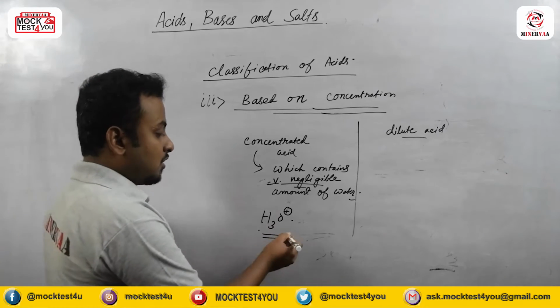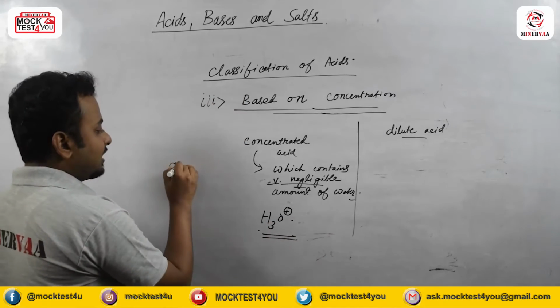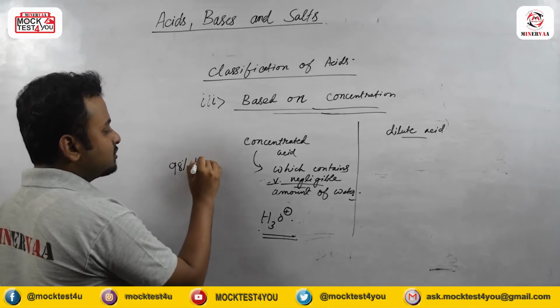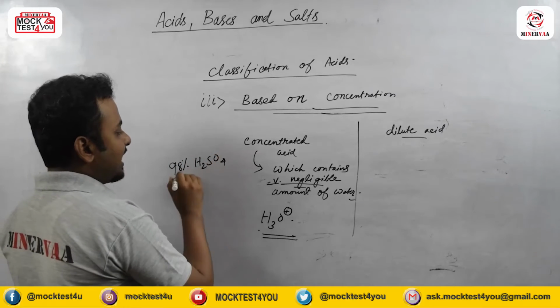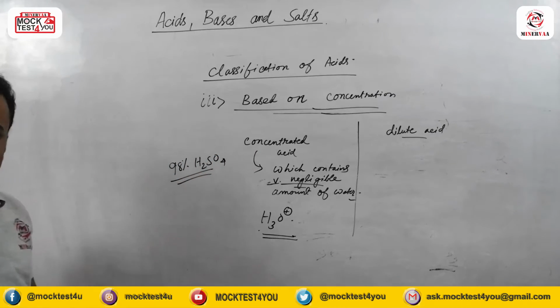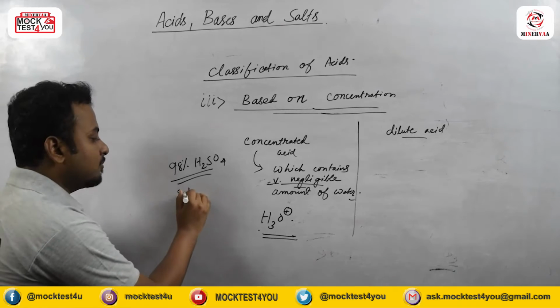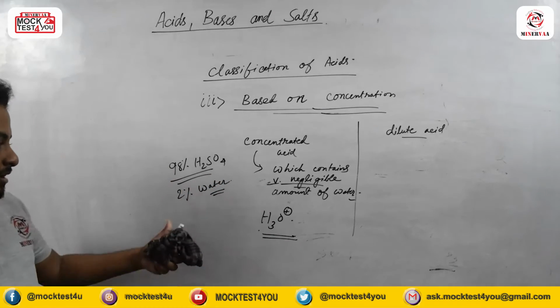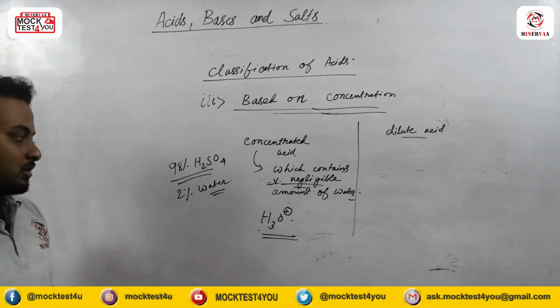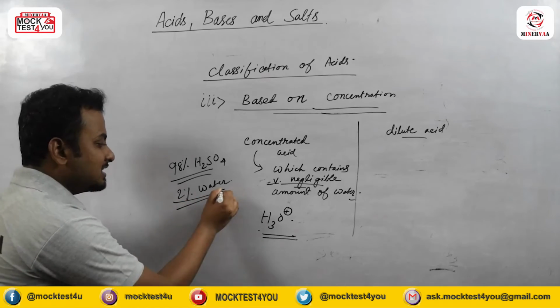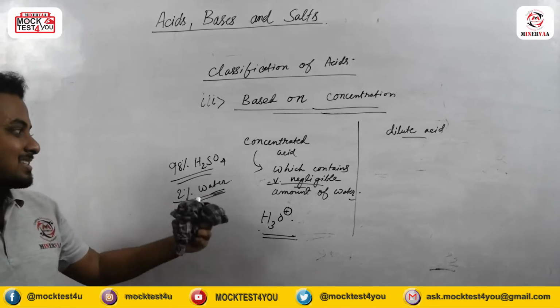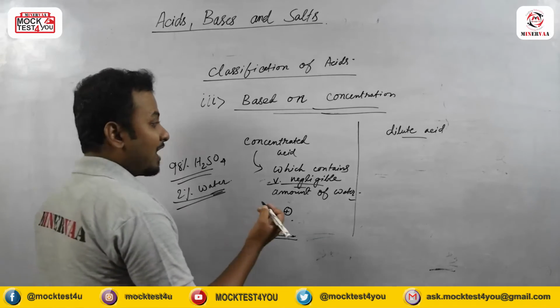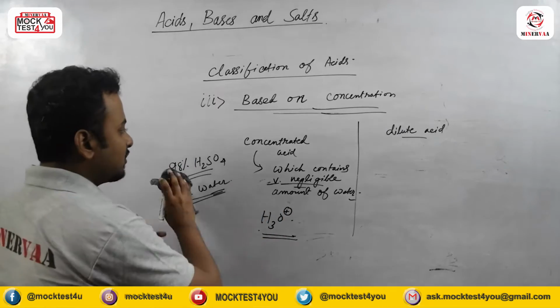Like if you are taking 98% H2SO4, 98% sulfuric acid, the rest of the 2% is water. It is mixed with 2% of water, because water is essential to make the acid ionized. Why is water essential? We'll learn that.